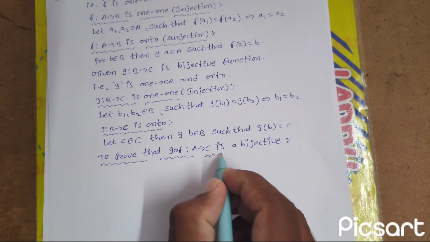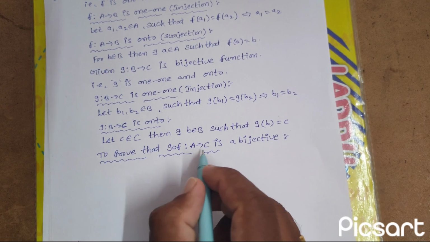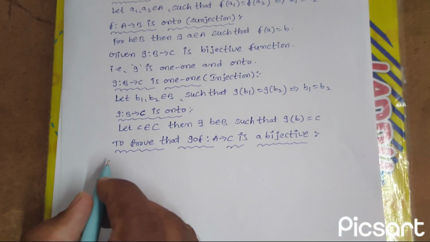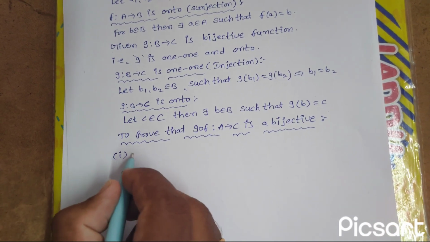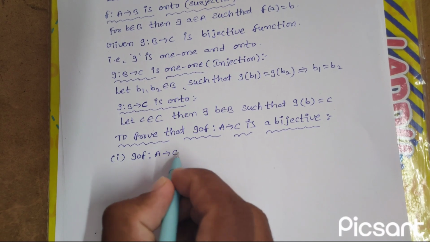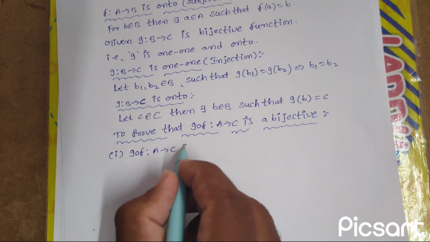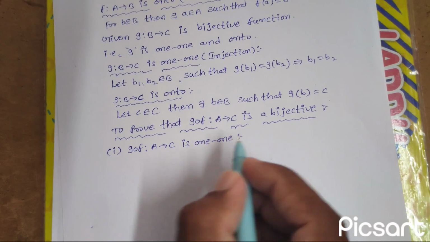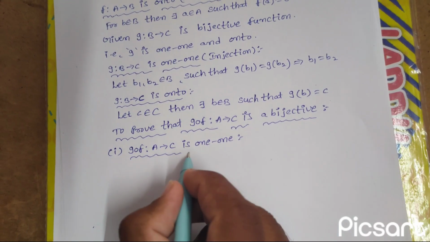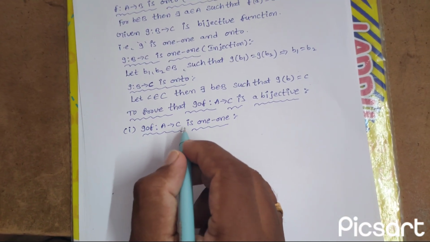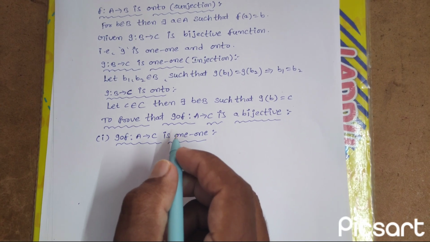First we prove g circle f from capital A to capital C is a 1-1 function, that is injection.